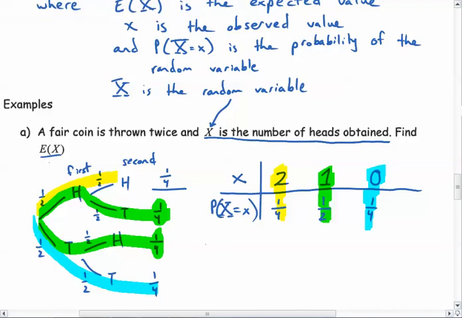Now to find the expected value for the number of heads that we get, it is the sum of all the observed values times their respective probabilities.